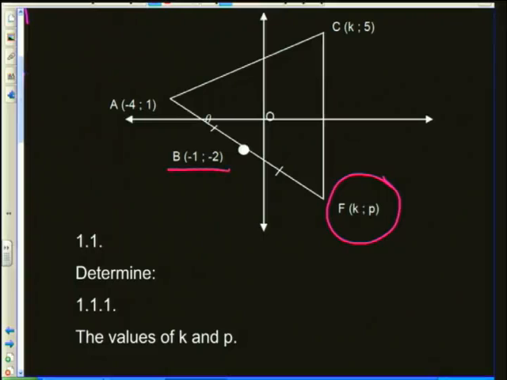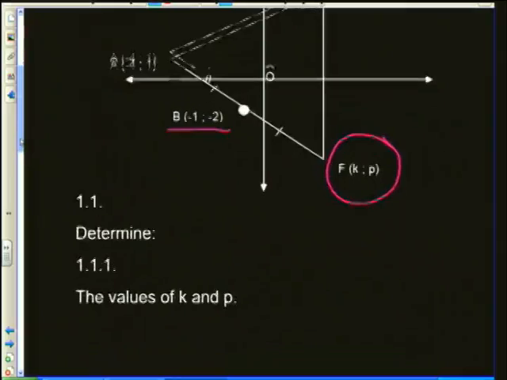So if you want to work out K and P, think of the midpoint theorem. How do you work out the midpoint of a line? We take the x coordinates, add them together and divide by 2. And to get the y coordinate of the midpoint, you take the y coordinates, add them together and divide by 2. So we're going to use that theorem in this case.